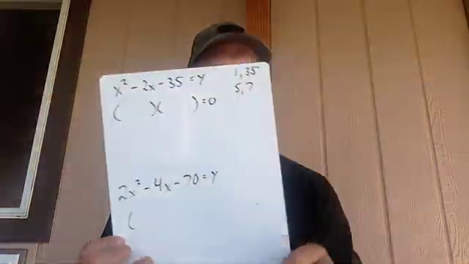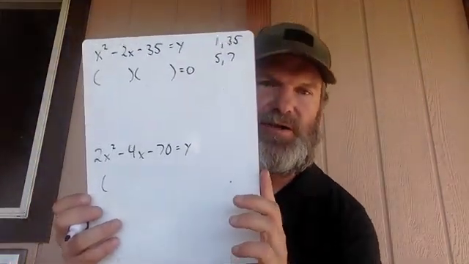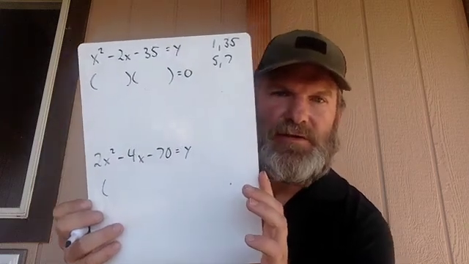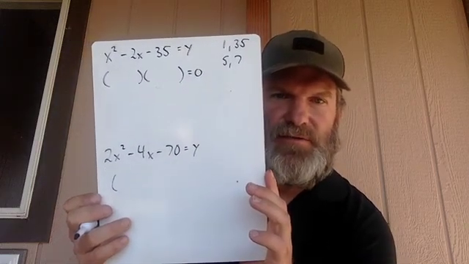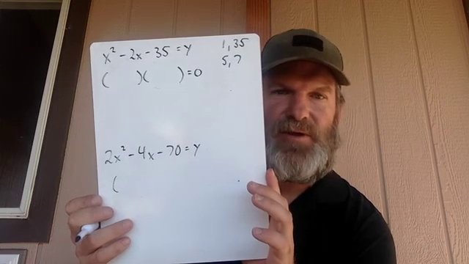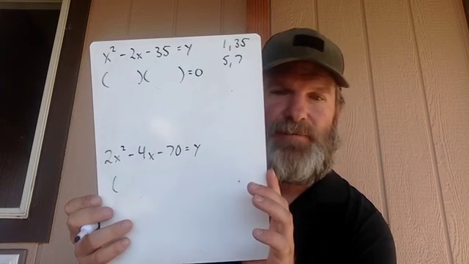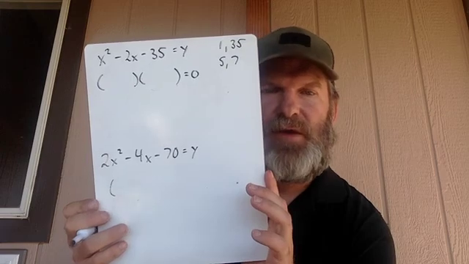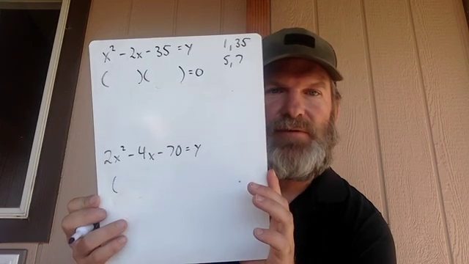Now, these, 1 and 35 and 5 and 7, could be any combination of positives and negatives. So is there any way to get a negative 2 from either of these two? Yes, 5 and 7. 7 minus 5 is 2, but in this case it would actually be 5 minus 7 is negative 2. So we want to use negative 7 and positive 5. So it's x and 5 and x and 7.